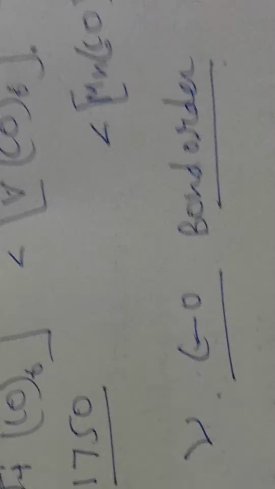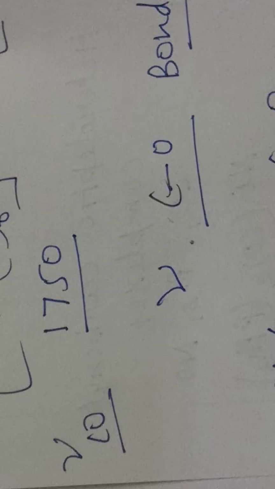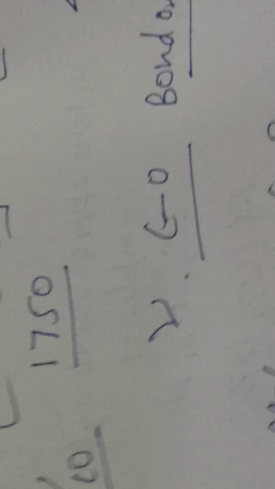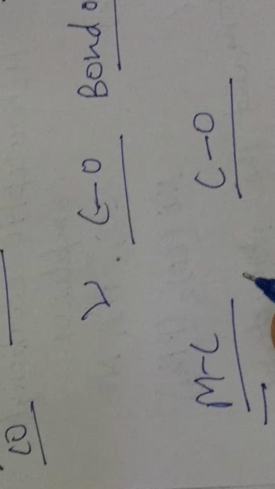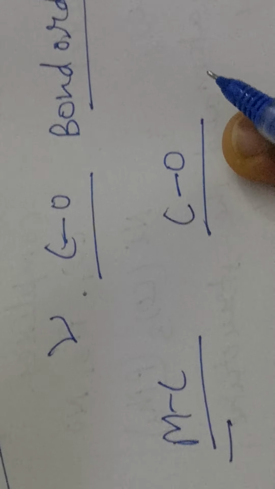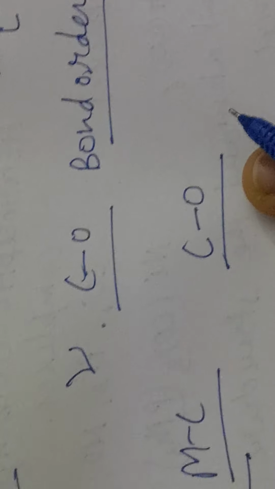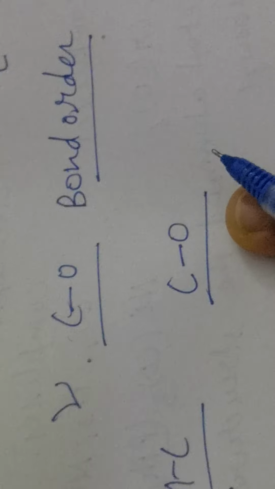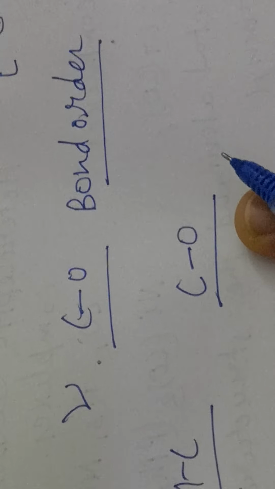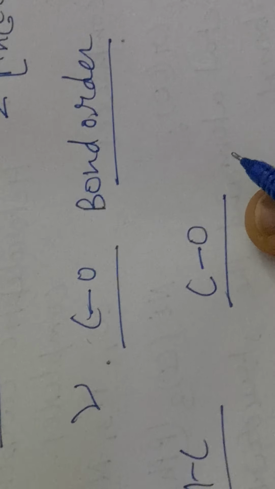They are the two things. If we increase the positive charge, the metal-carbon bond strength will decrease and the carbon monoxide bond strength will increase. If positive charge is increasing on the metal ion, there is an increase in the carbon monoxide bond strength and bond order, and a decrease in bond length. So, understand?